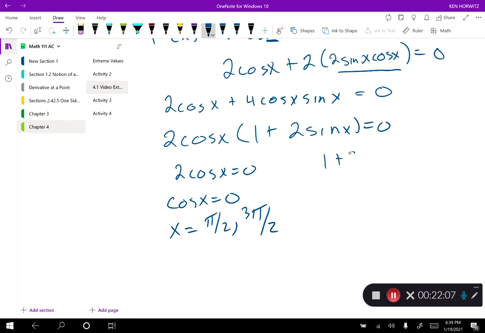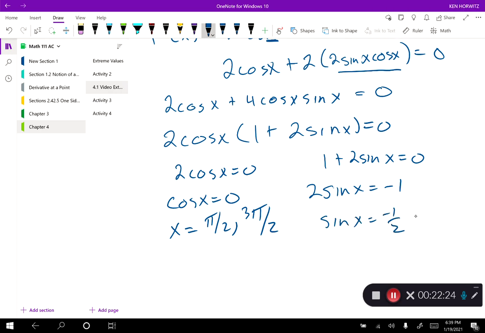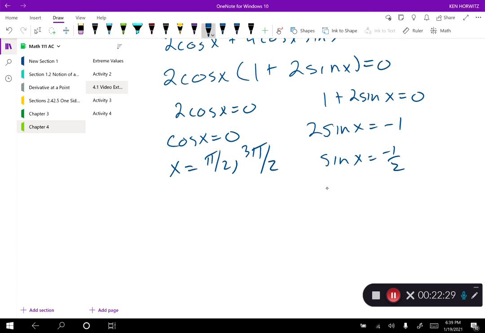So I have 1 plus 2 sine x equals 0. So then I have 2 sine x equals negative 1. Sine x equals negative 1/2. So x equals either 7 pi over 6 or 11 pi over 6. And definitely it's worth it to check my work.